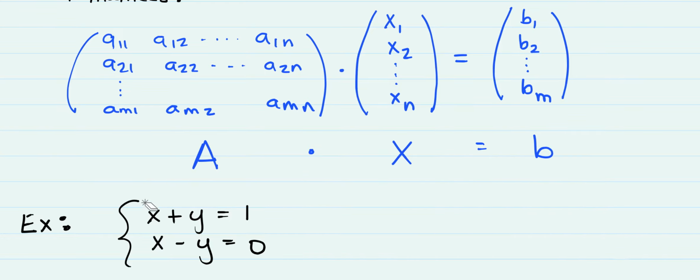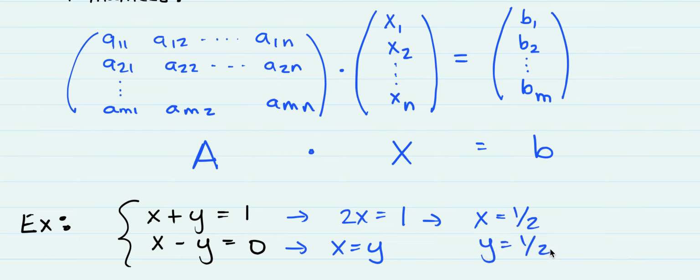So for example, this one here, you can see that x is equal to y. And from the top one, we get that 2x is equal to 1. So x is 1/2, y is 1/2. So this one has one solution. 1/2 plus 1/2 is 1. 1/2 minus 1/2 is 0. So this is our solution.